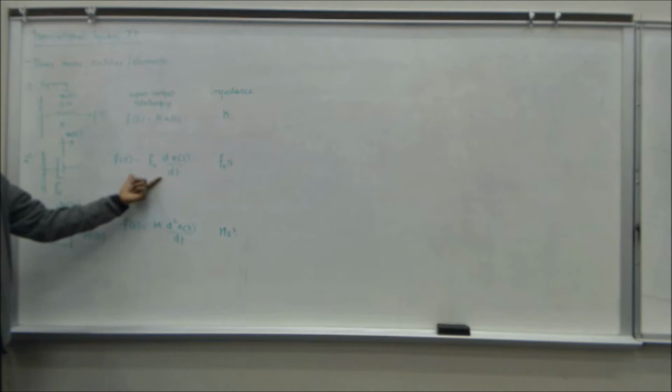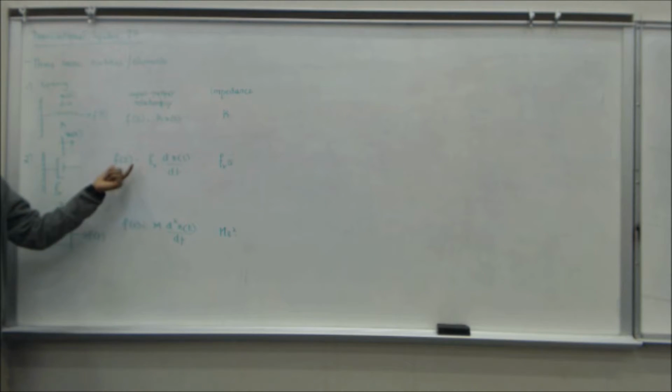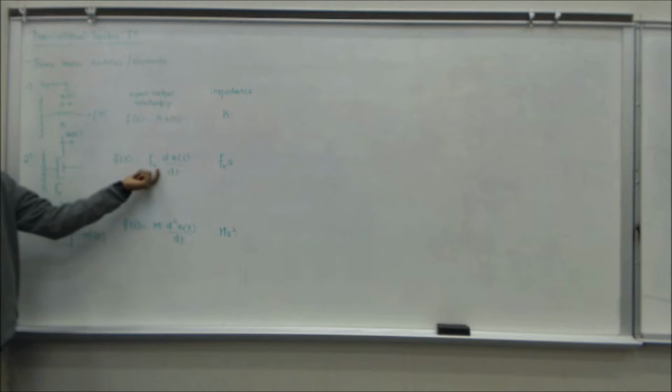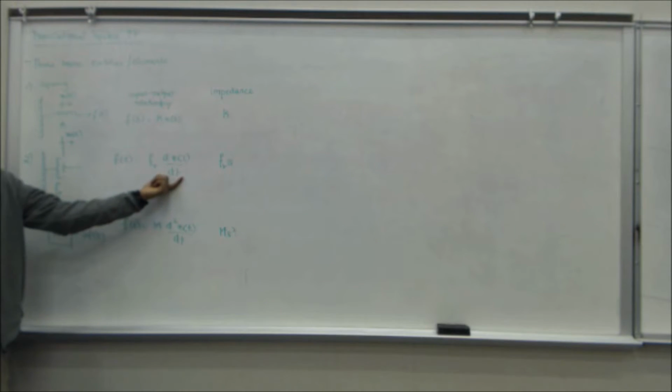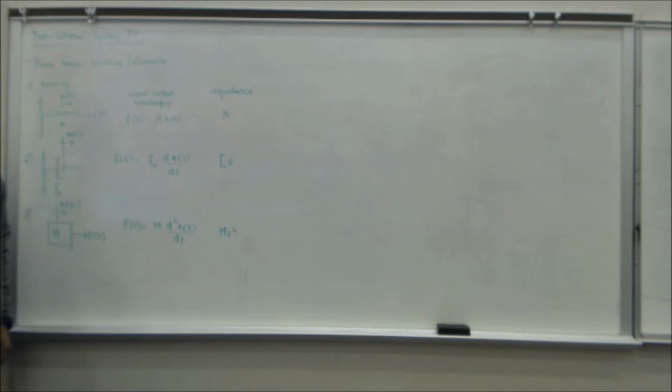If you do that to a damper, this is again the relationship: applied force is equal to the damping coefficient into the velocity. Okay. Now again, if you take Laplace, you're going to get F of s equal to Fv into s into X of s.